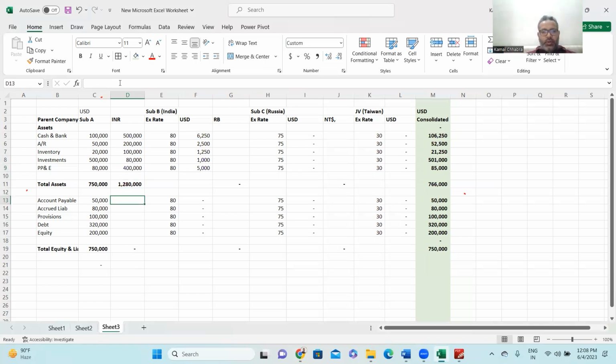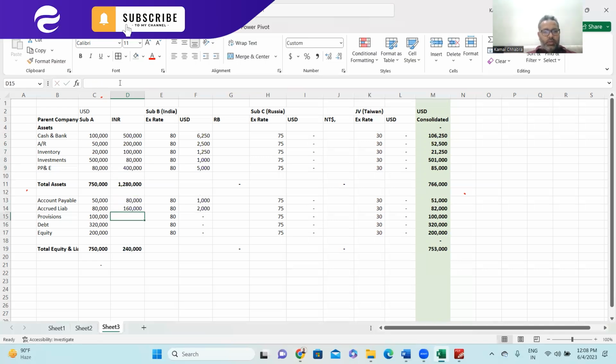And let's assume we have 80,000, 160,000, 8,000, and have 4 lakh. Right? Let's assume this is your Indian.